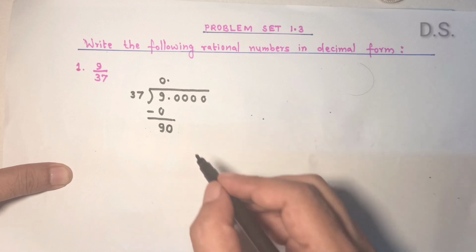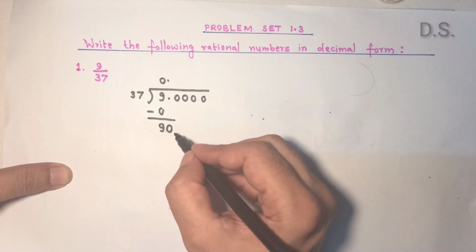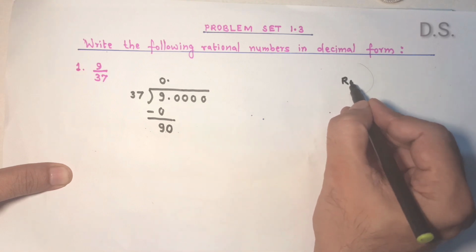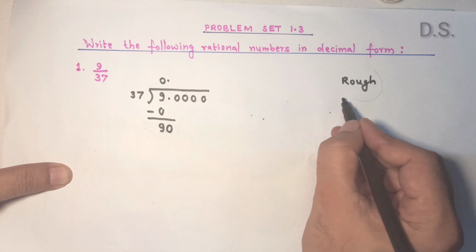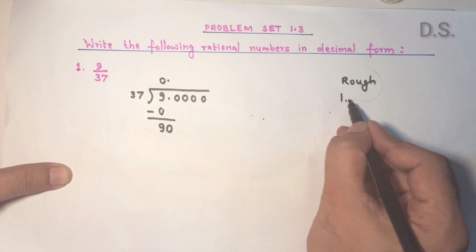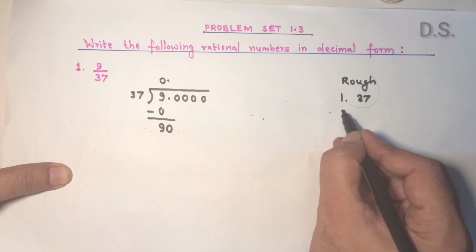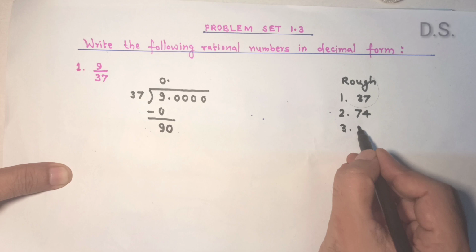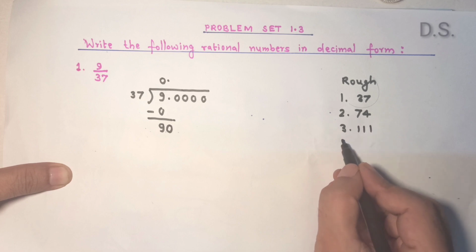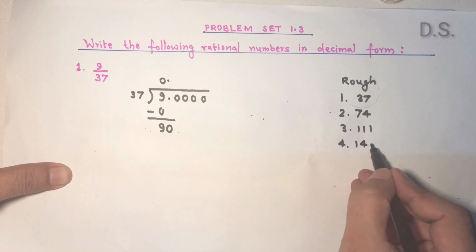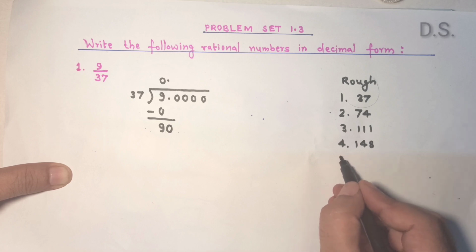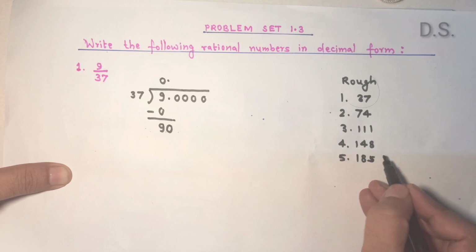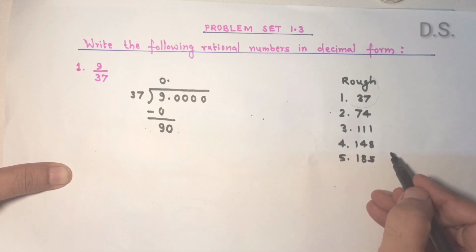If you don't know the table of 37, do the rough work here and write the table. 37 ones are 37, 37 twos are 74, 37 threes are 111, 37 fours are 148, and 37 fives are 185.